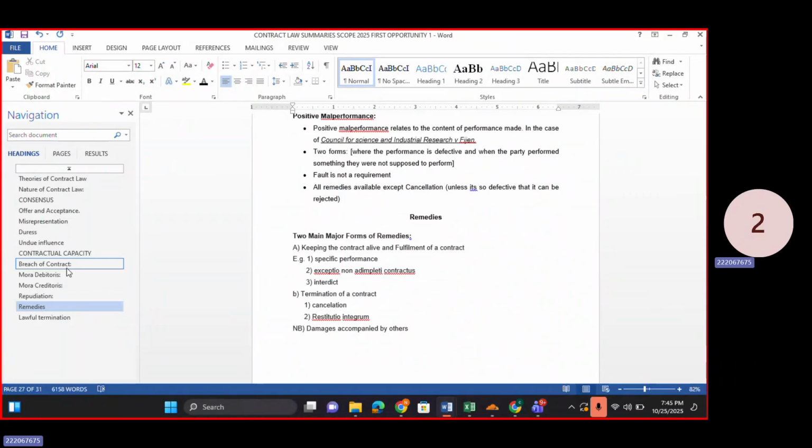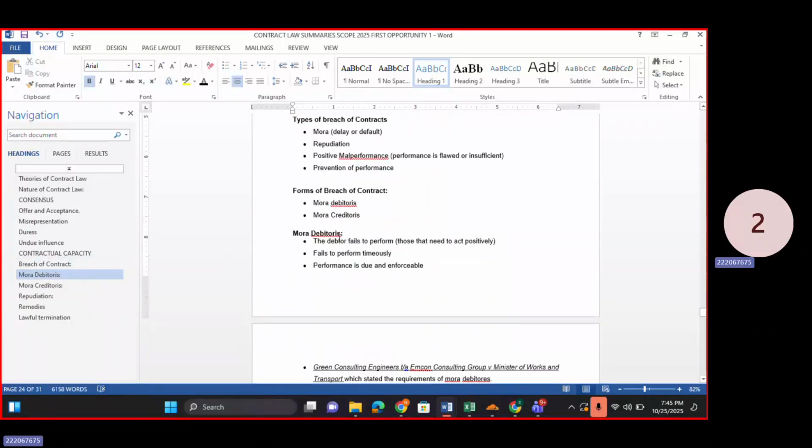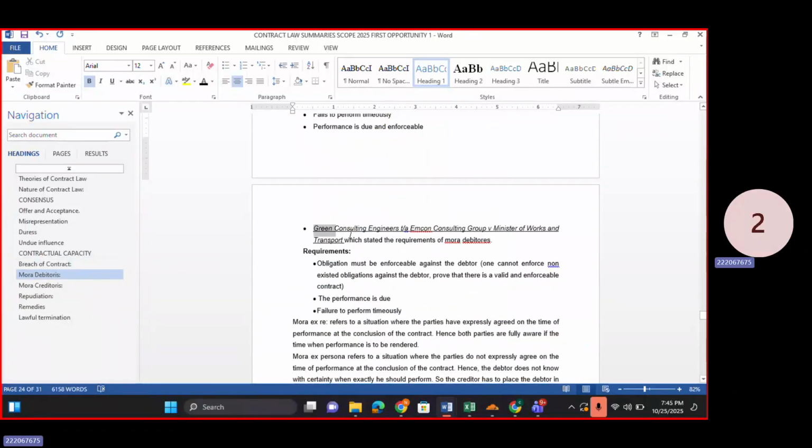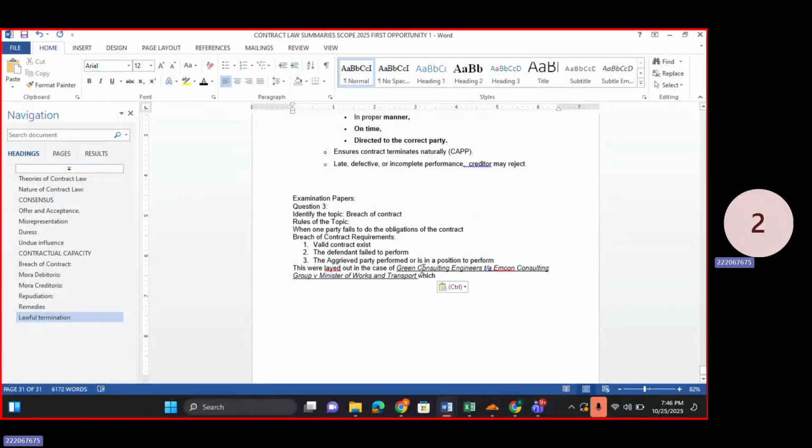Breach of contract. I know there's a case. Green Consulting. This is Minister of Works and Transport. These requirements were laid out in this case.